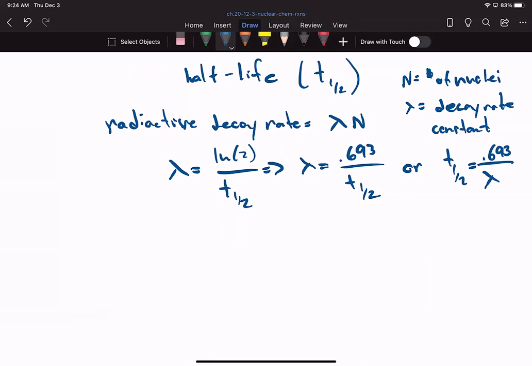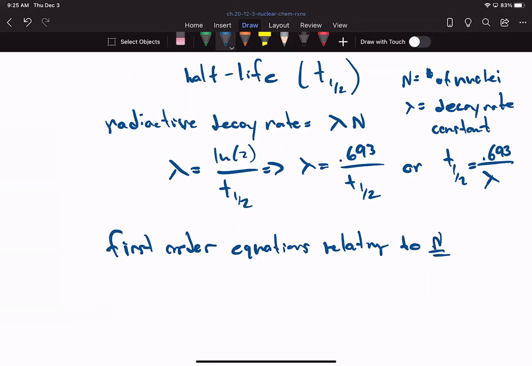So we're just going to talk about first order equations right now. First order equations relating to n, the number of nuclei.